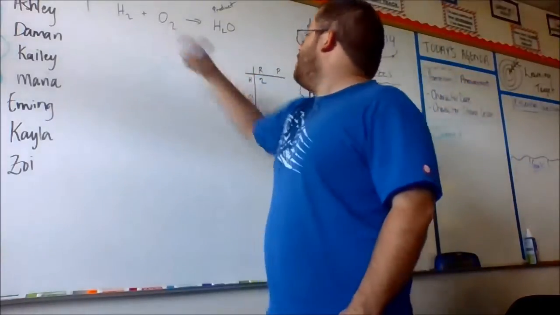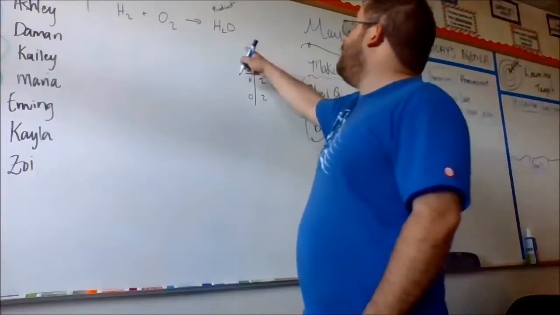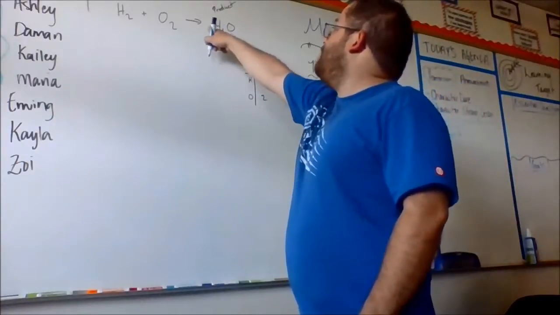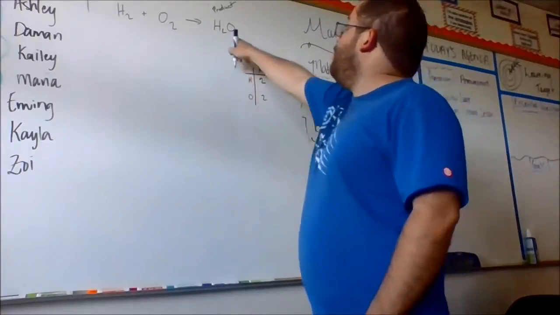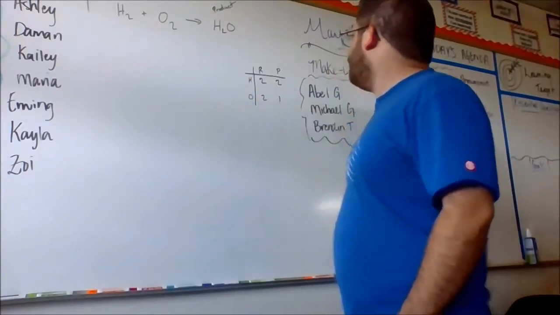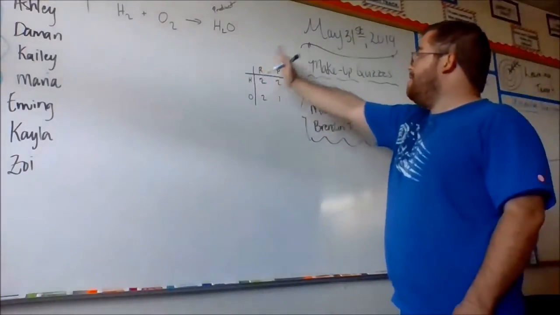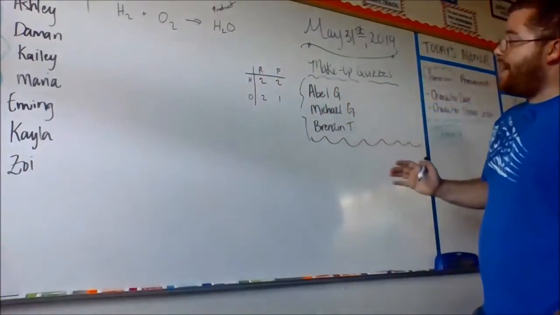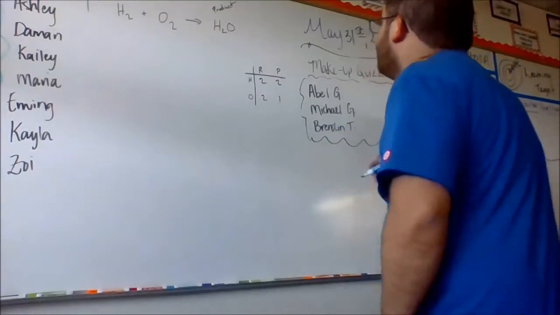We also have 2 oxygens. Now on the right side, we have 2 hydrogens, still a coefficient of 1. We have 1 oxygen. Okay? Now, in order for this to be balanced, both the reactant side and the product side for each atom need to be equal.